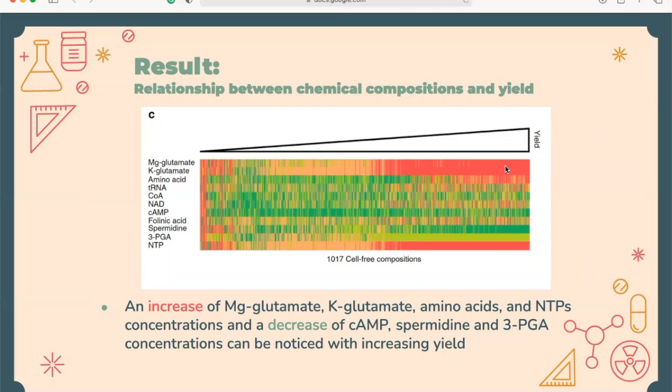Red color means a high concentration and green color means a low concentration. As we see, an increase of magnesium glutamate, calcium glutamate, amino acid, and NTP concentrations, and a decrease of cAMP, spermidine, and 3-PGA concentrations can be noticed with increasing yield.